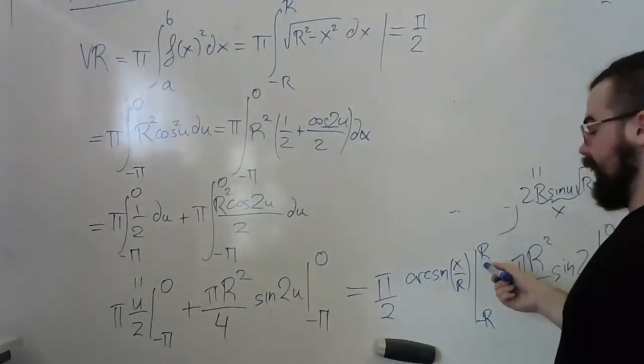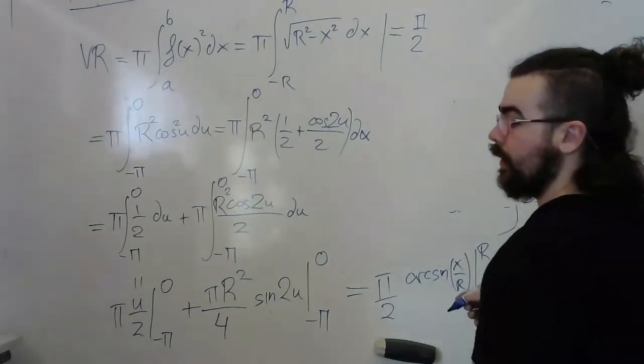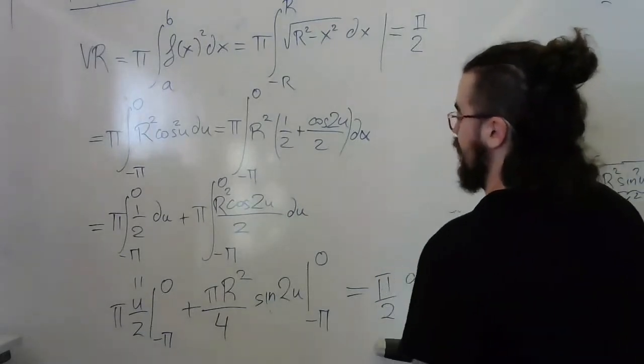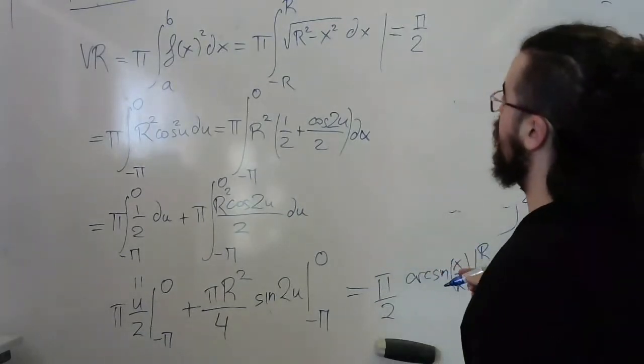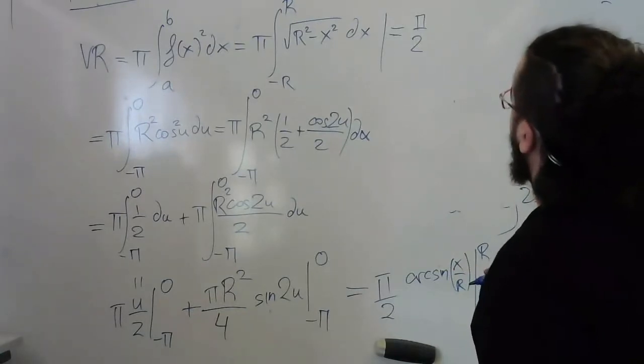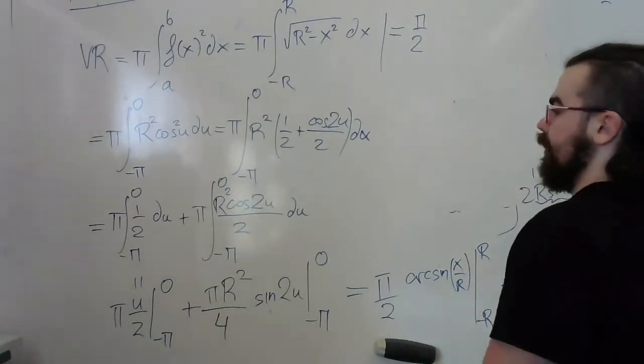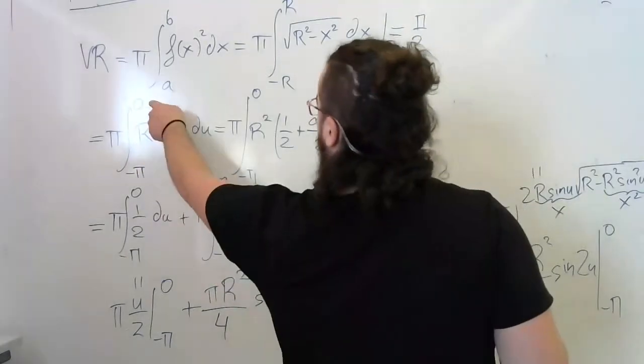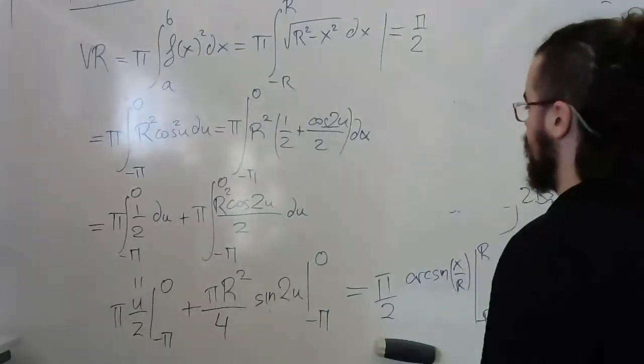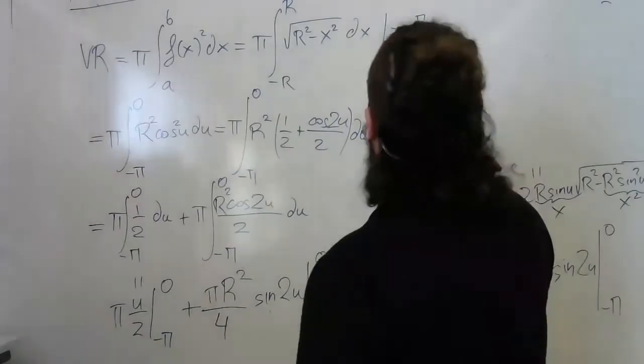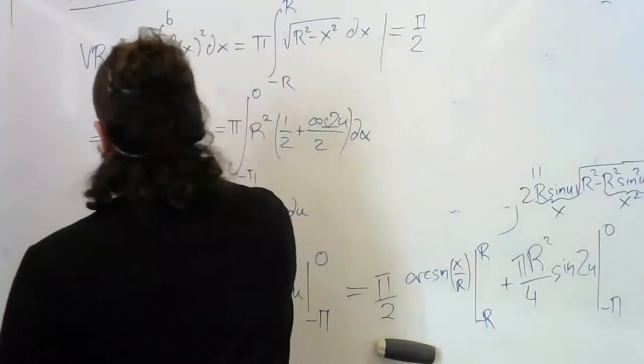Arc sine of 1, no, arc sine of 1 is pi over 2. So I've actually messed up the limits of integration. It goes from minus pi halves to pi halves.